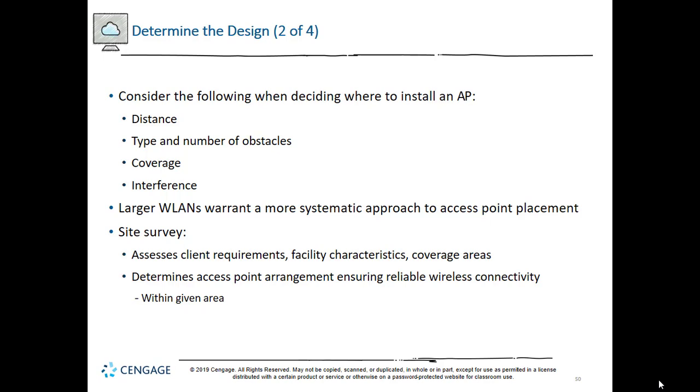So when we're setting things up, you want to consider the following. You want to look at the distance, what's going to be in the way, are there walls in the way, what kind of walls are in the way, what kind of interference is going to be in the way. When we look at doing buildings for commercial, we want to do what's called a site survey. For site surveys, we want to put a signal in one area, and use something like a laptop or a cell phone or a tablet, or you can buy commercial devices that allow you to check signal strength from certain distances.